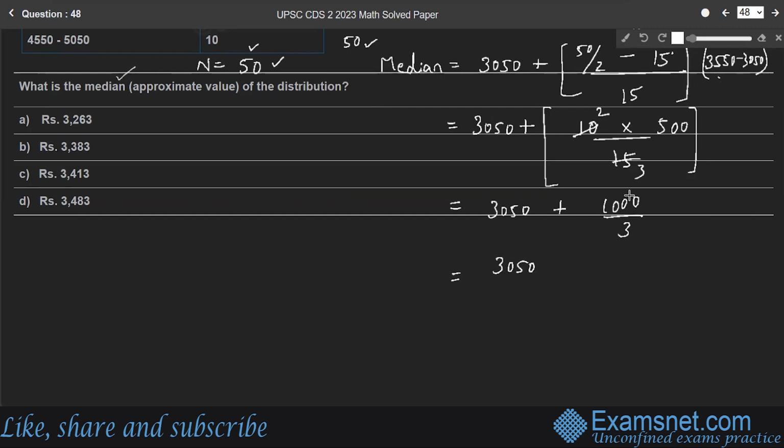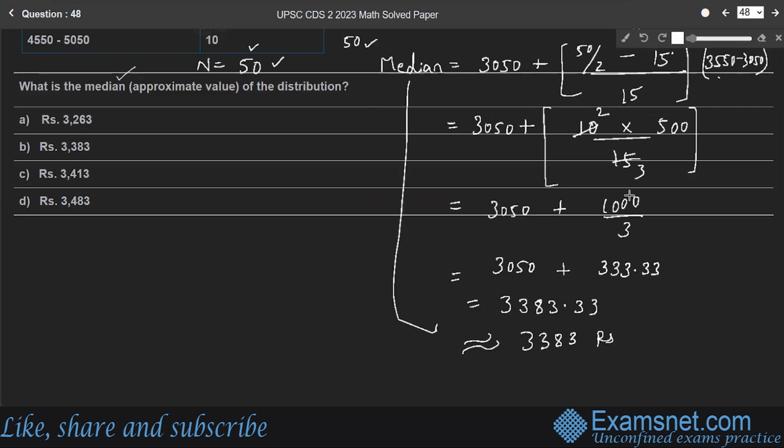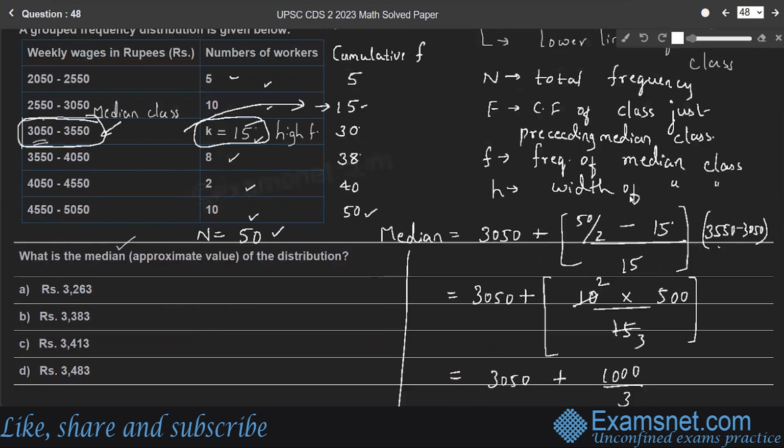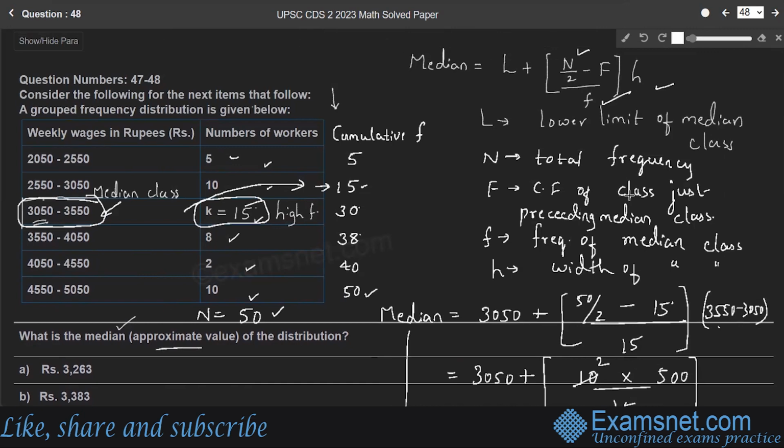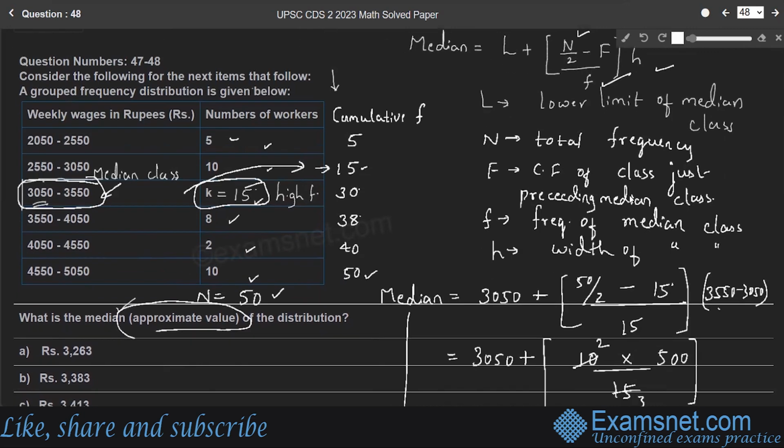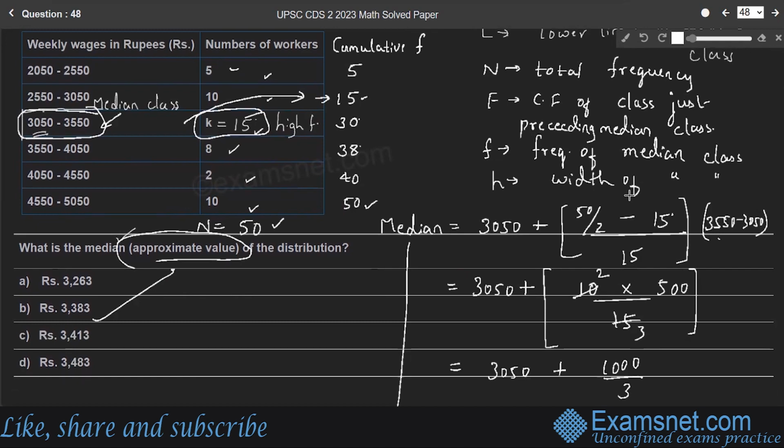So 3050 plus 333.33, you will get 3383.33, which is approximately equal to 3383 rupees, right? So the median value of the distribution is approximately 3383. Option B is the right answer.